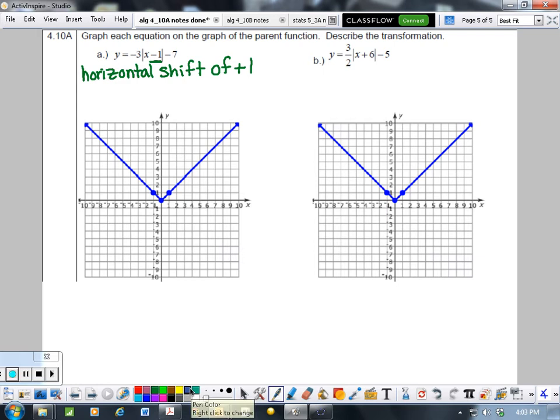Then we're going to look at our K value, a -7, and that's our vertical shift. And so that means we're moving it down 7. And then we have the negative, so we reflect over the x-axis.